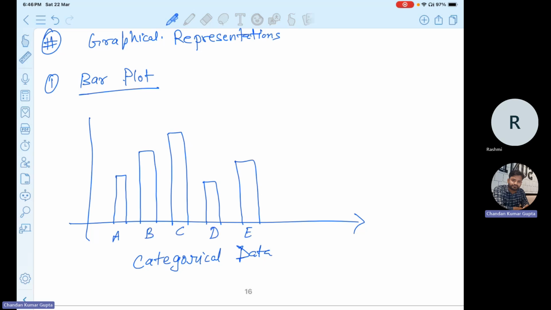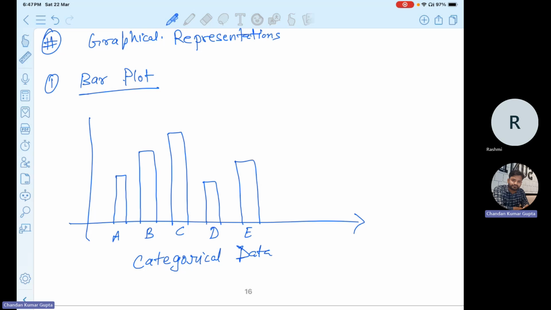Suppose the export of India, like how much petroleum or oil India will export in 2025. Okay, so there are 5 countries, different countries, and the amount of oil they have exported or imported, or some other goods.